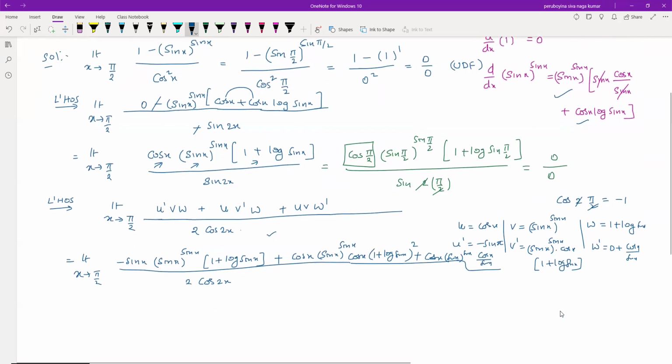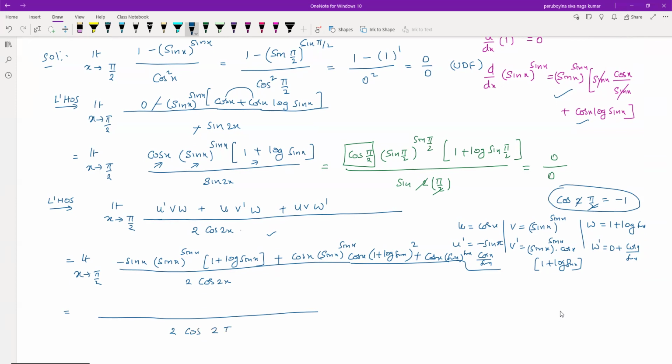Now I am substituting 90 degrees in the entire problem. As we calculated already, 2 cos 2 into pi by 2 in the denominator. In the numerator, sin 90 was 1, and 1 power 1, and bracket 1 plus log 1, because sin 90 was 1.